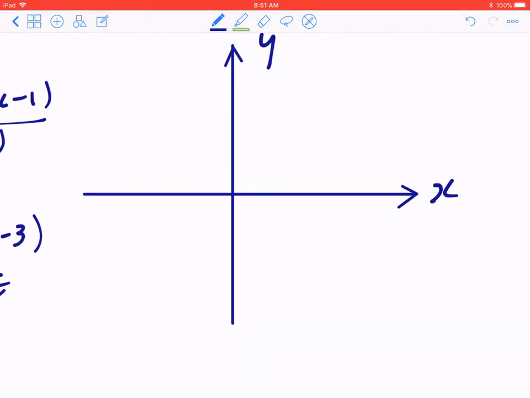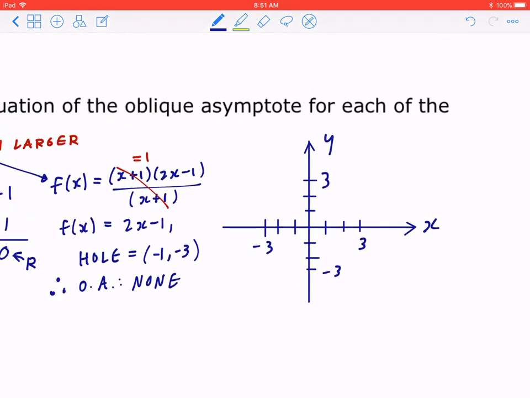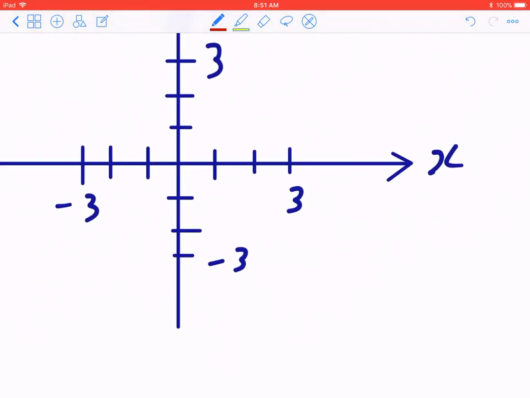So if I draw a scale, let's say up and down, left and right by 3, here's what happens. You're graphing a straight line, and the slope of this line is going to be 2. And the y-intercept is going to be negative 1. So you start at negative 1, you go up by 2, right by 1.